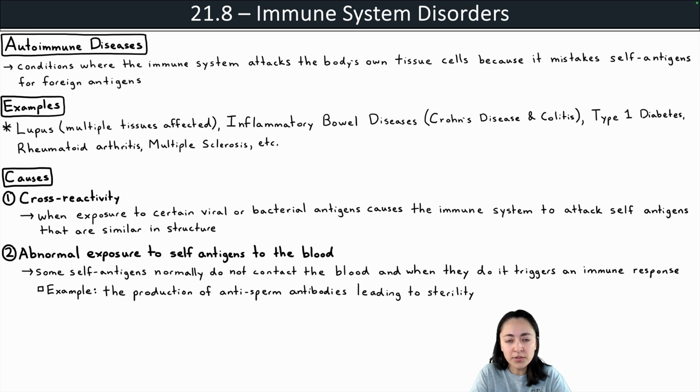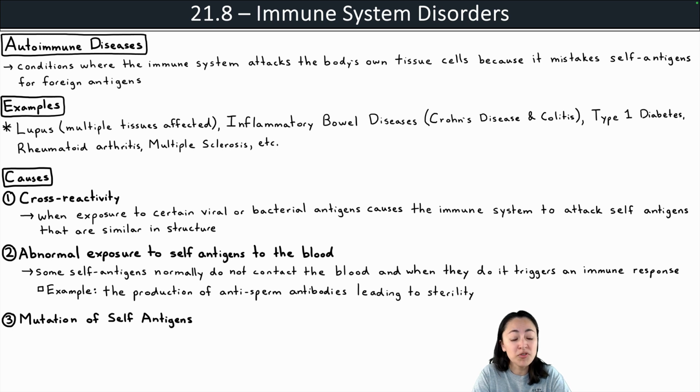However, trauma to the testicles could cause the sperm cells to come in contact with a person's blood. That would then trigger the immune system to start producing antibodies or T cells that attack those sperm cells. The immune system then starts killing the sperm cells, leading to a lower sperm count, and that can potentially lead to sterility.